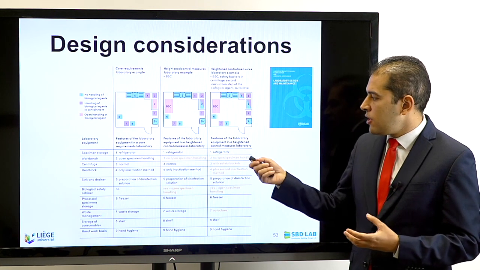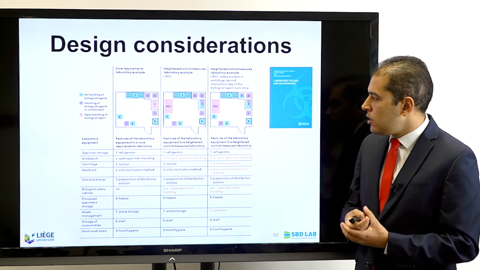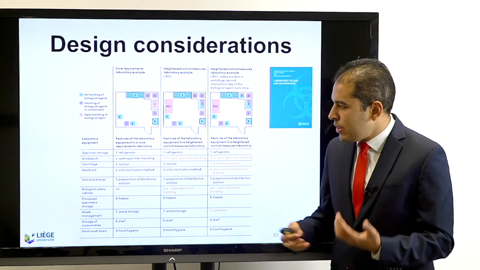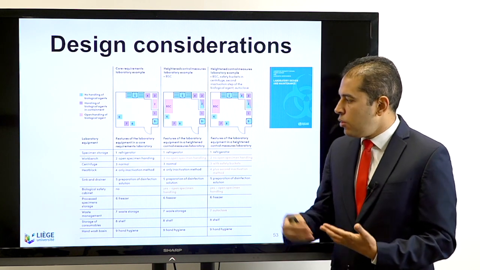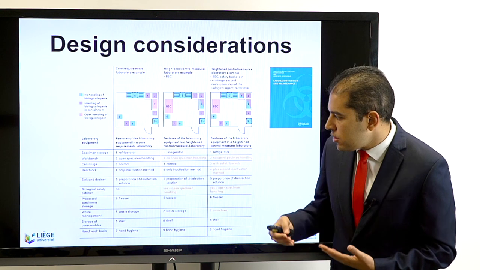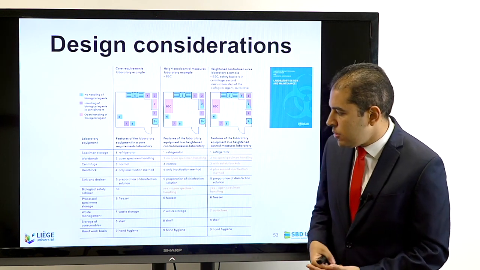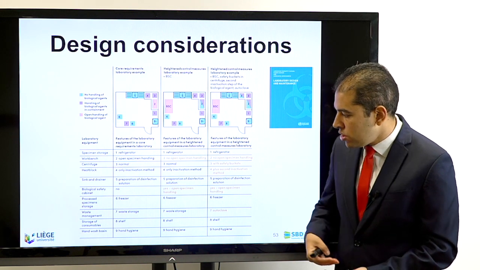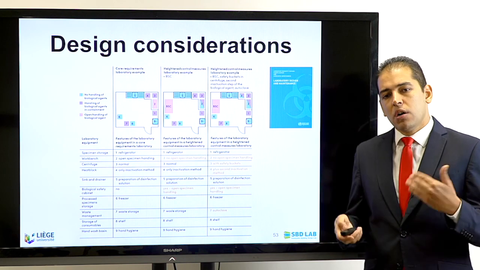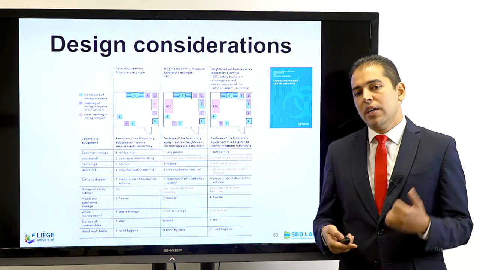Here is if you have a heightened control measure, and here is if you have a very high control measure, and every time they talk about the different aspects related to specimen storage, how you do it, the workbench, the centrifuge, if you have a heat block, the sink and the drainer, the biological safety cabinet, the processed specimen storage, the waste management, the storage of consumables, and the hand wash basin.